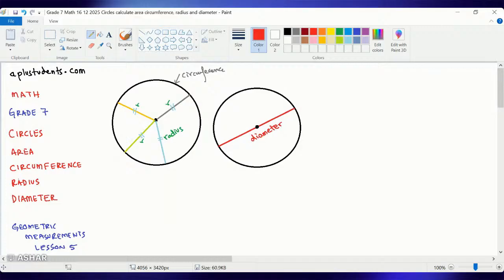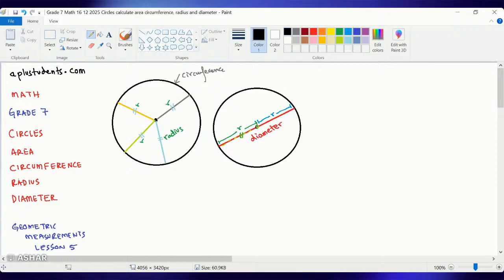Okay, that means we know from the center to this corner, this was radius, right? And from the center to this point was also a radius.